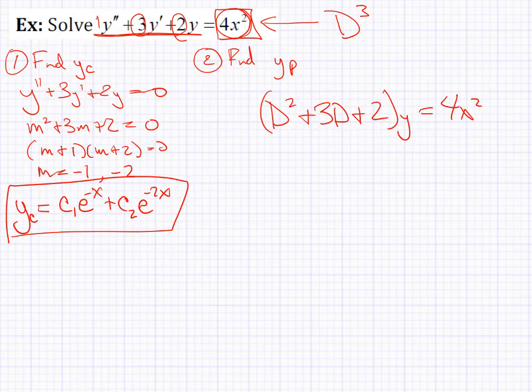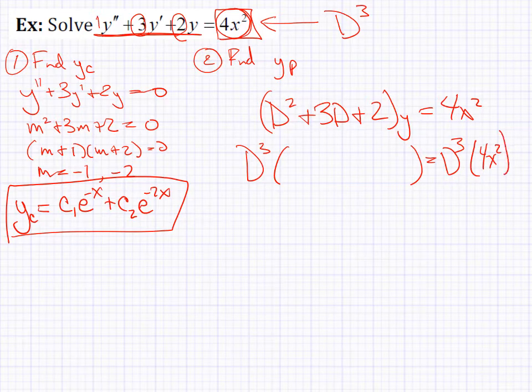Then I'm going to apply this annihilator to both sides. And what that does is it makes the right side 0. So we still have D squared plus 3D plus 2 of y on this side. All right.